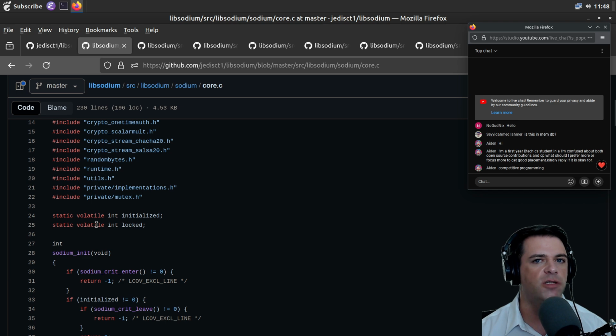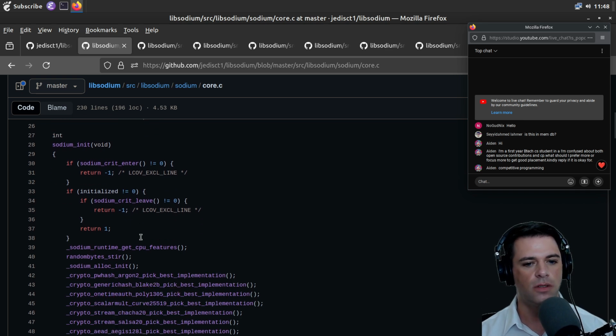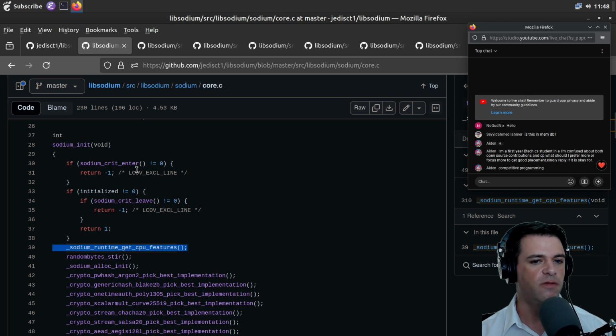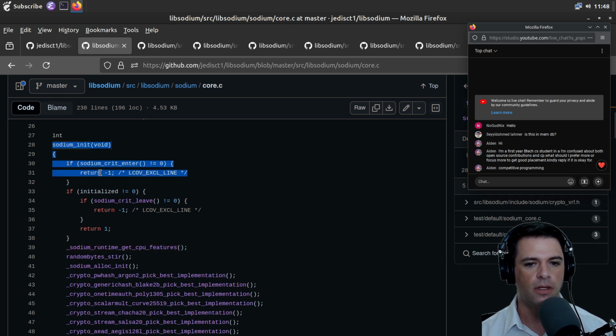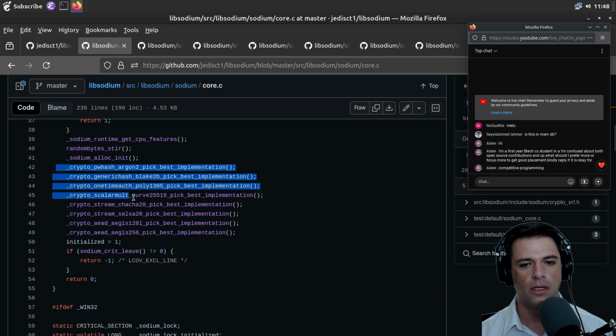Here's core. I'm going to guess core is maybe like where you hang the command line-y stuff, if there's a command line tool. We have runtime get CPU features. So we have sodium init, and we're entering some critical section. And we are going to pick a bunch of implementations.